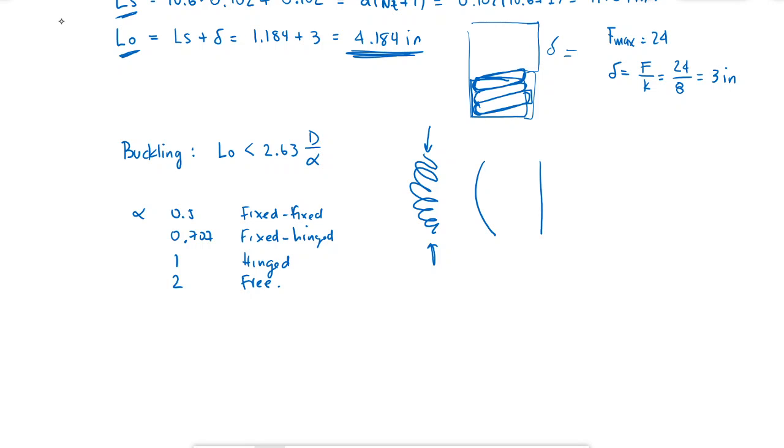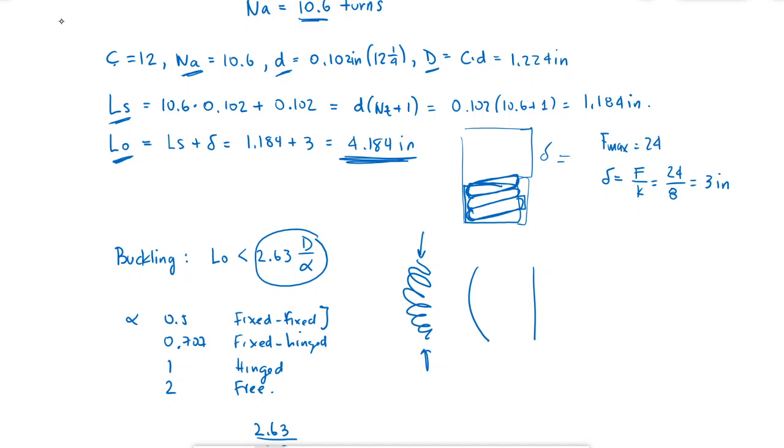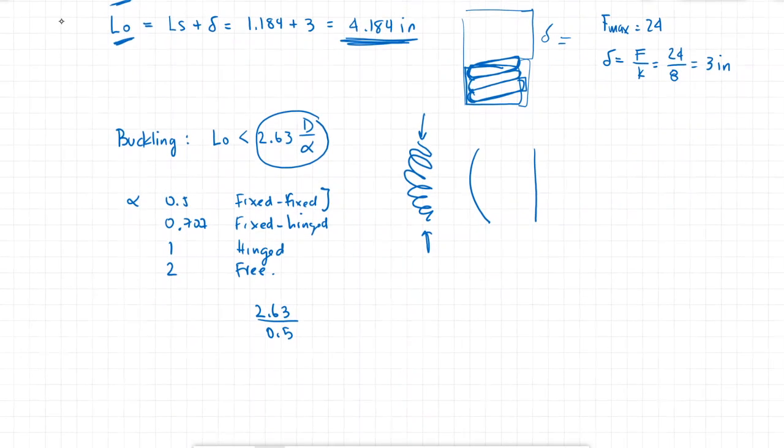So let's say we're using fixed. So for fixed, this value would be 2.63 over 0.5, and my capital D was 1.224.